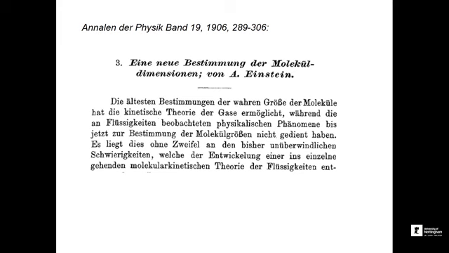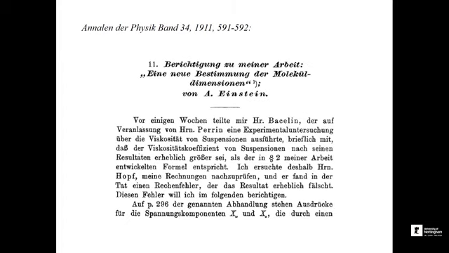So Einstein, the greatest brain there's ever been, can make this error, and that was in Annalen der Physik in 1906. So 5 years later, with his tail between his legs, you say in English, Einstein published a correction, Berichtigung zu meiner Arbeit, Eine neue Bestimmung der molekular Dimensionen. So a correction or comments on my work, meine Arbeit.